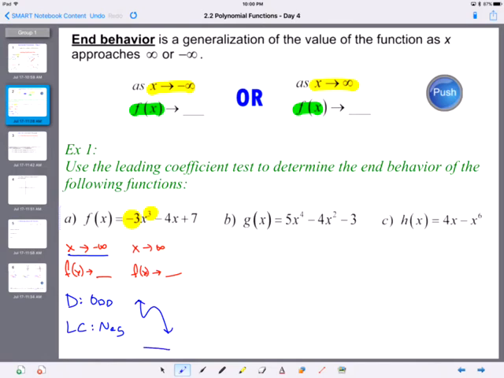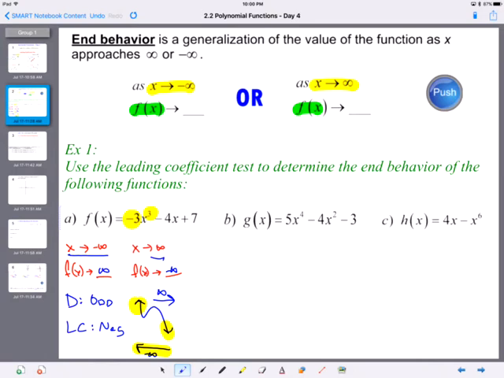You can see right here, as x goes to negative infinity, the y value is going to infinity. And then as x goes to infinity, so now we're going to the other side, what is happening to the y value? Well, it is going down, so it goes to negative infinity. And that's what the end behavior is.